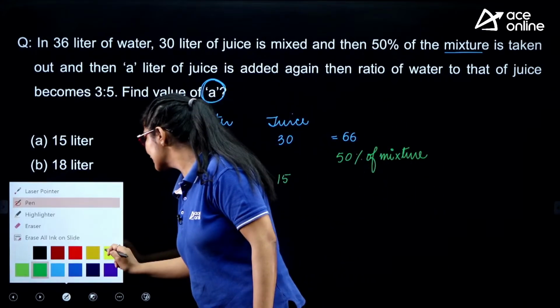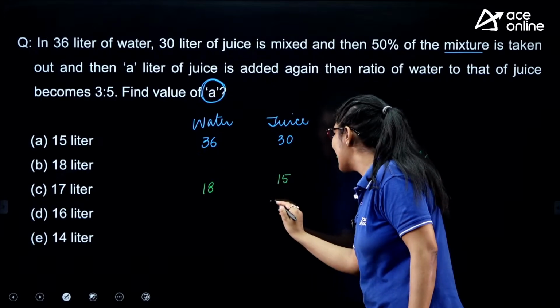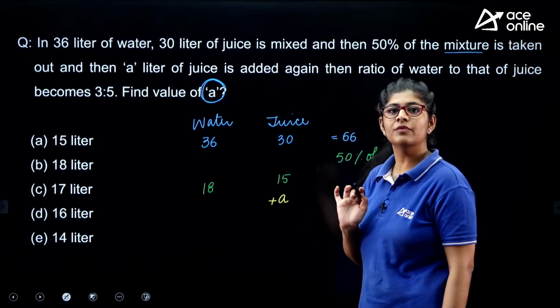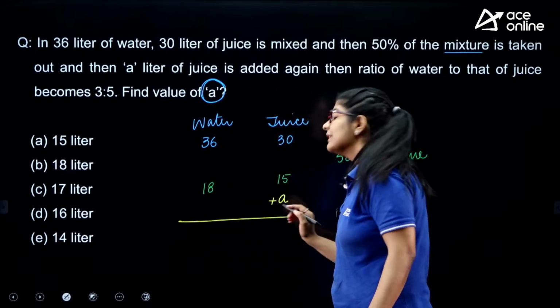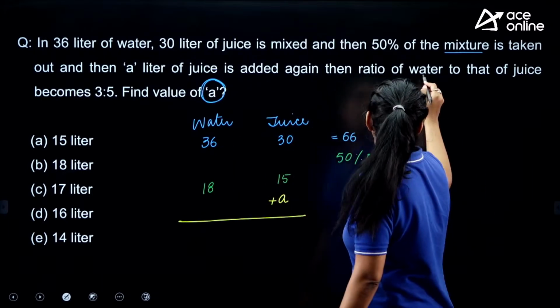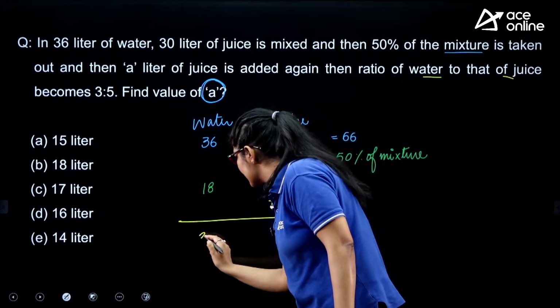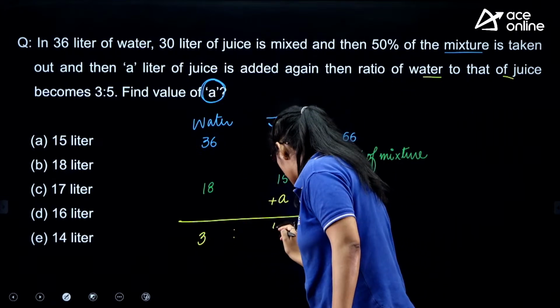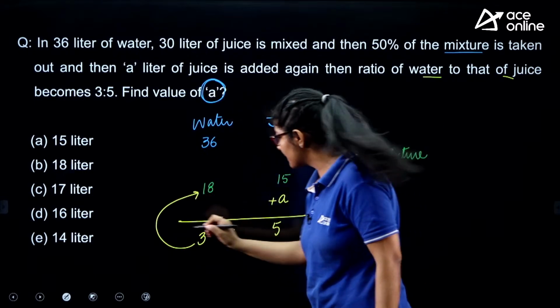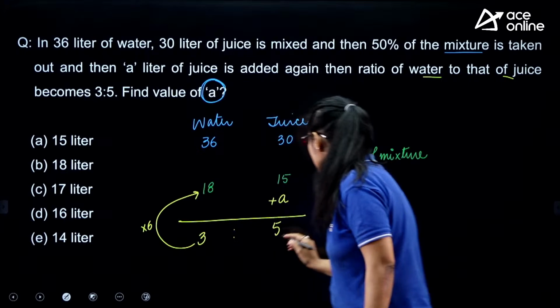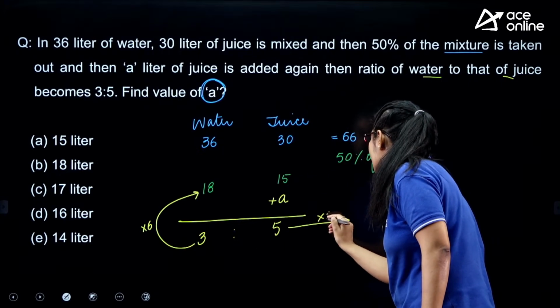Now the question is saying that in this situation I added A liters of juice. There is no change in the water. After that, the ratio of water to juice is 3:5. That means this 3 is representing this 18. It is a multiple of 6. That means this is also a multiple of 6.